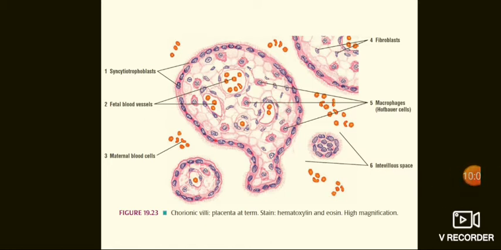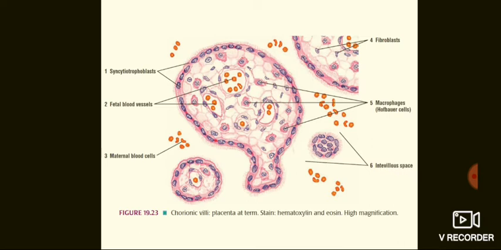The connective tissue core of the chorionic villi is differentiated into fibroblast cells with more fibers, and the Hofbauer cells become more in number and they are large and round cells.